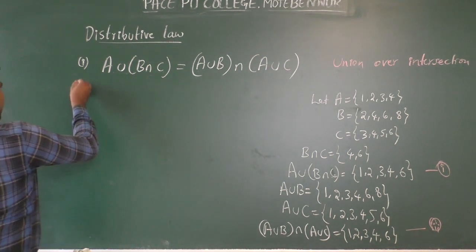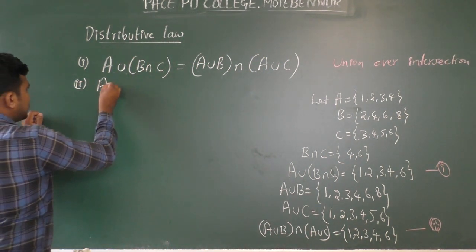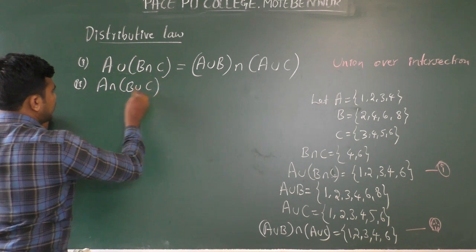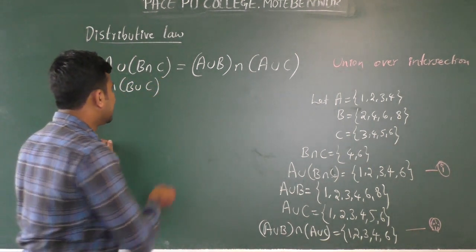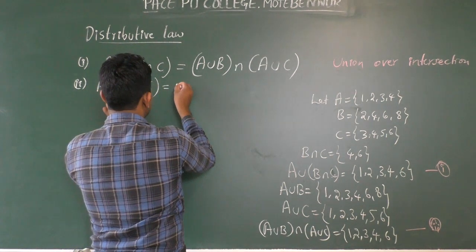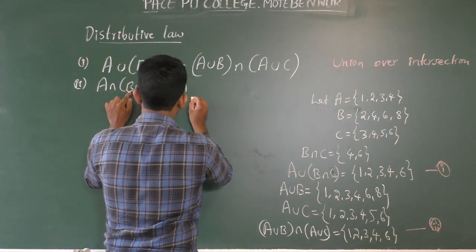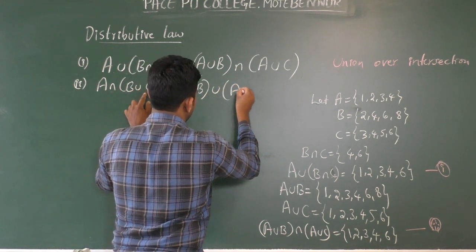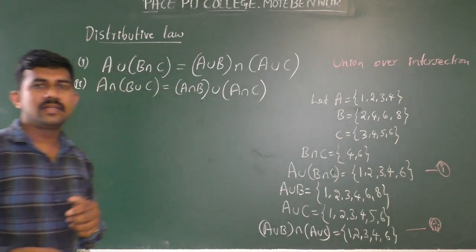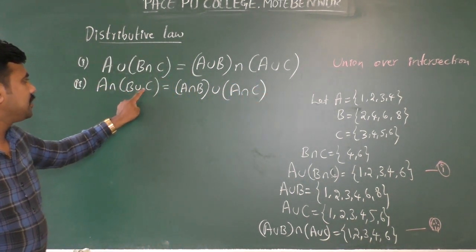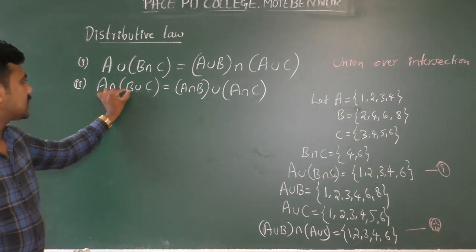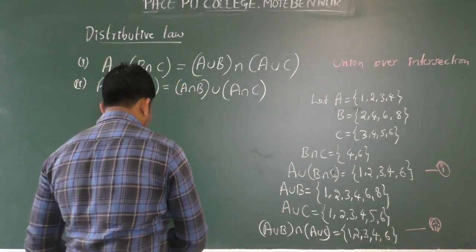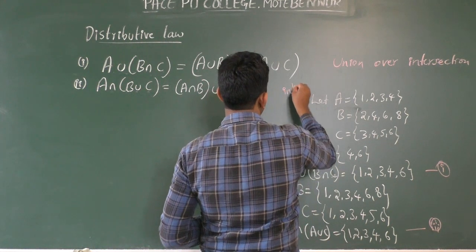Similarly, the next property you have is the distributive property of intersection over union. That is nothing but A intersection of B union C is equal to A intersection B union A intersection C. This is called the distributive property of intersection over union.